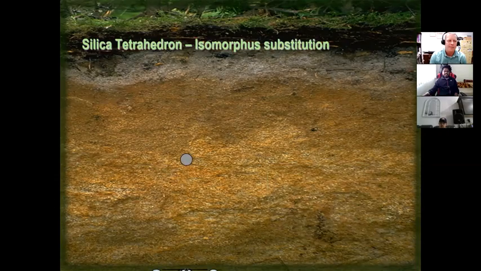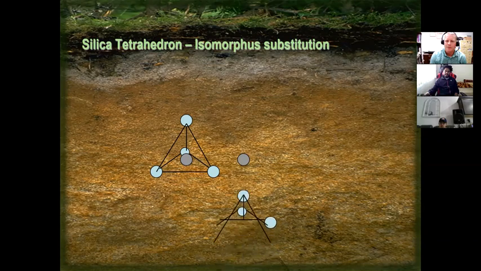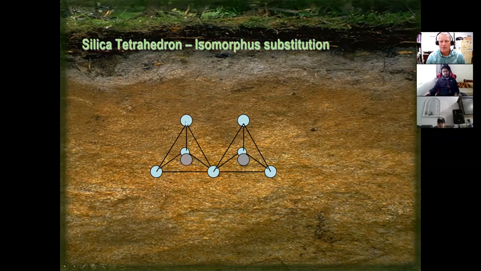Let's use these same figures here and look at how this might happen. Does this look familiar? So we've got our silicon right here surrounded by our 4 oxygens. Another one's come in. But wait a minute. Look at that. Now we've got an aluminum in there. So this is +4.